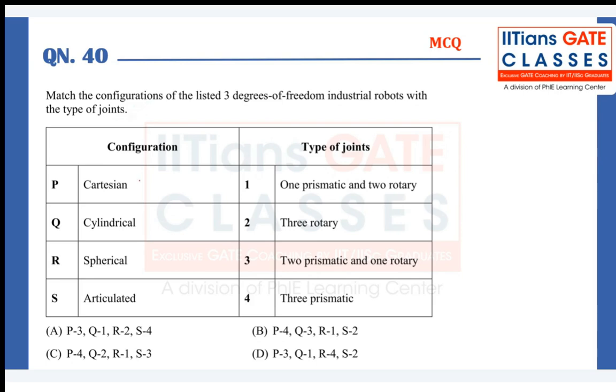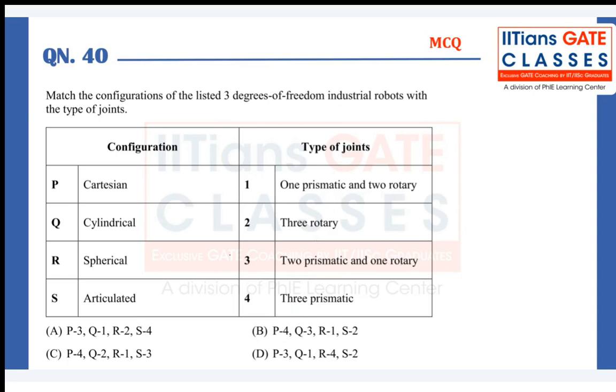Cartesian, cylindrical, spherical, and articulated configurations are given, and the types of joints are given: prismatic and two rotary, three rotary joints, two prismatic and one rotary, and three prismatic.